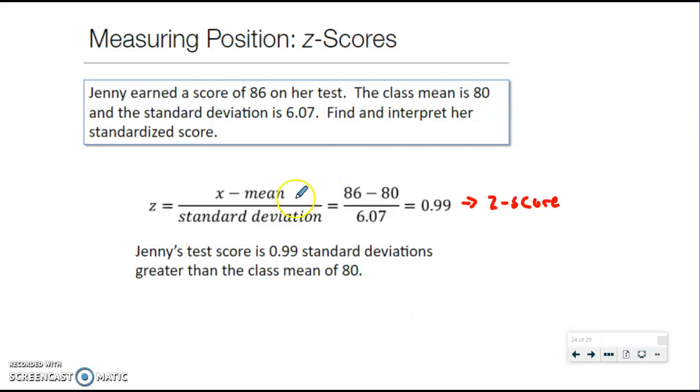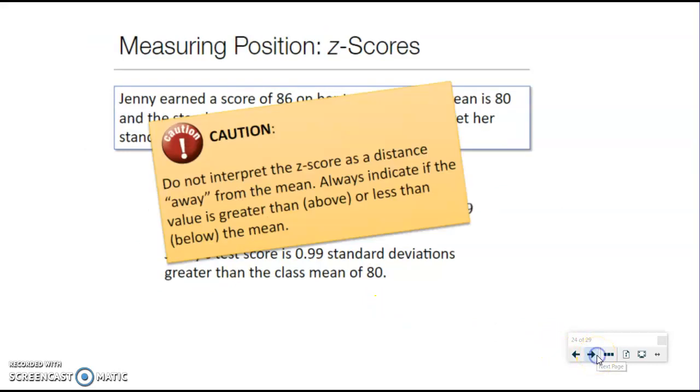What that means is Jenny's test score is 0.99 standard deviations greater than the class mean of 80. One thing to keep in mind is that the z-score always indicates whether the value is greater than or less than the mean. It's not how far away from the mean it is.